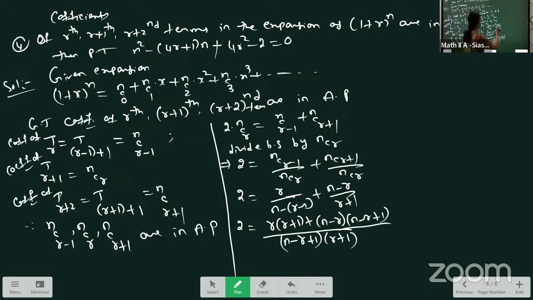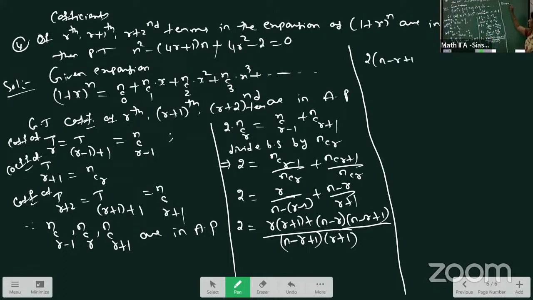Cross multiply, open the brackets and simplify, and you will get the final solution. So 2(n-r+1)(r+1) after cross multiplying equals, here open up the bracket, r² + r, plus expand these two terms: first multiplying n with (n-r+1), so it will be n² - nr + n.